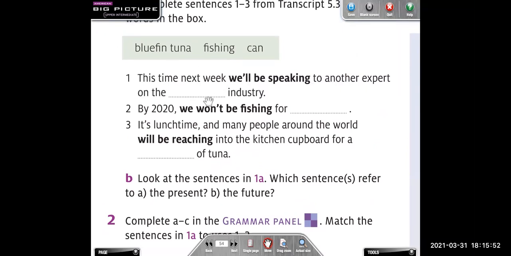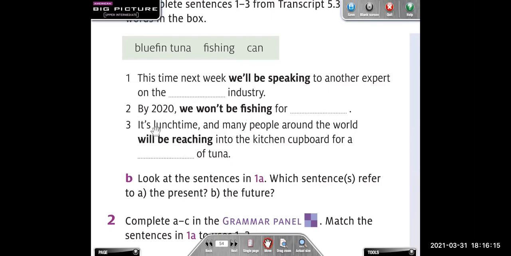Does this sentence refer to the present or to the future? To the future, right? By 2020, we won't be fishing for bluefin tuna. Present or future? Well, in this case, past, but imagine that it's 2025. This is for the future, right?